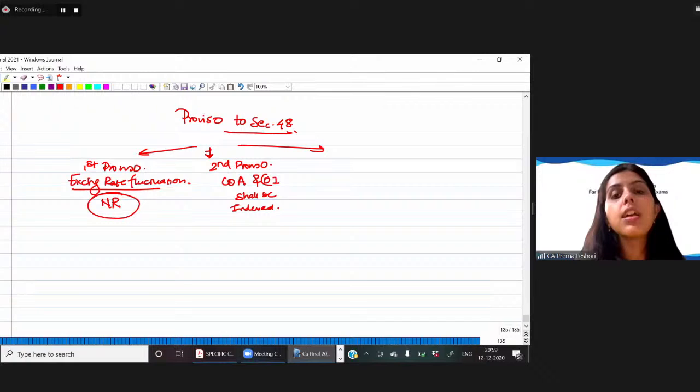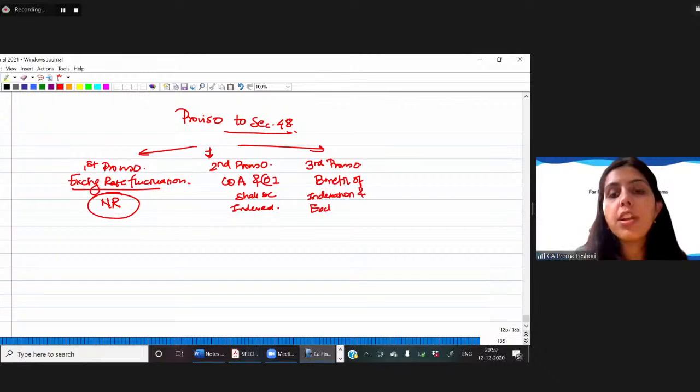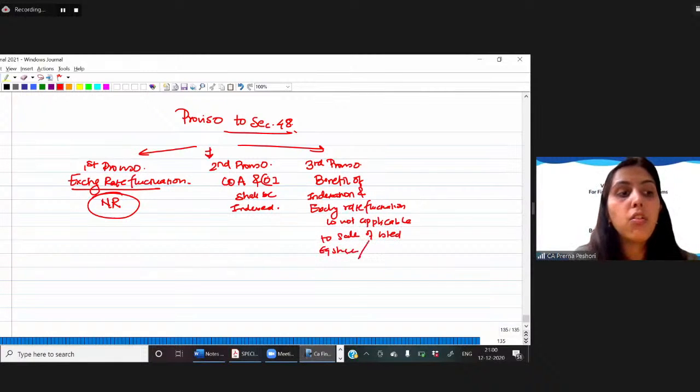Third proviso, it says that the benefit of indexation, that is second proviso, and exchange rate fluctuation is not applicable to sale of listed equity share or unit of equity oriented fund or business trust.